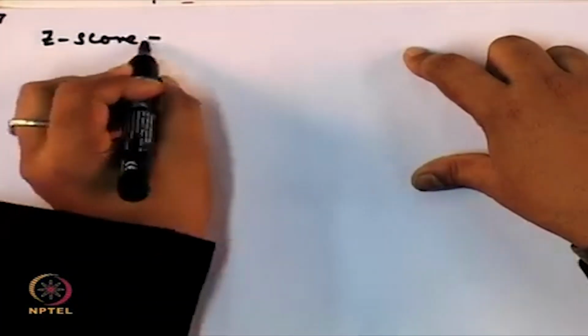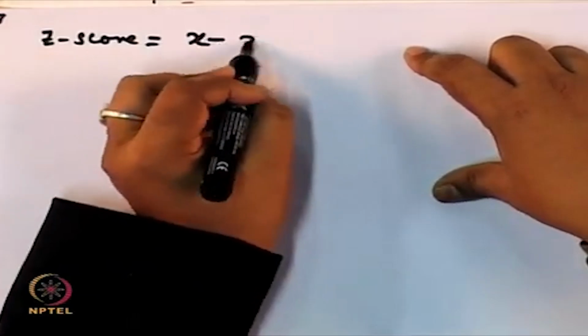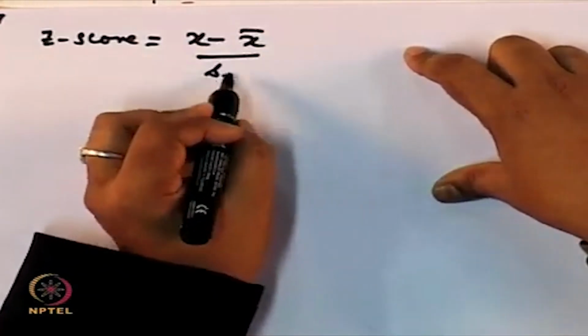One more thing which is very important is the concept of z score, or relative scoring. Imagine a class of students have taken an exam, and you always want to know how you are positioned with respect to the entire population, or how you have performed relative to how the class has performed. The z score is defined, for a given score x, as (x minus x bar) by the standard deviation.